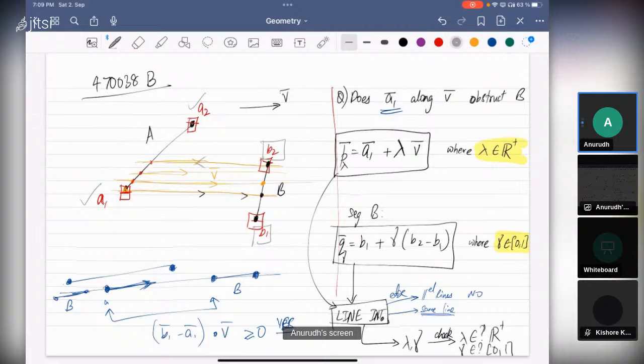But the advantage is that's equivalent to just checking if you go from B in the opposite direction. So you do the same procedure, but instead of using the direction vector v, you use the direction vector minus v.